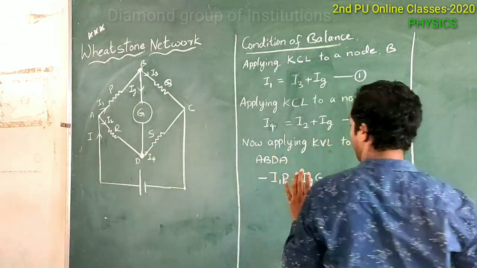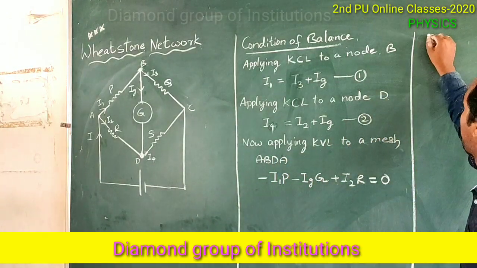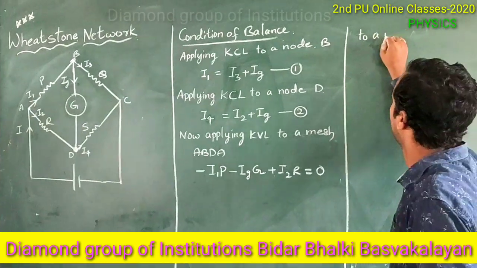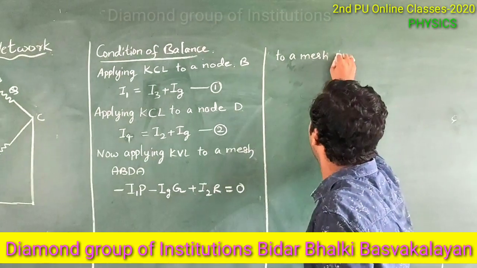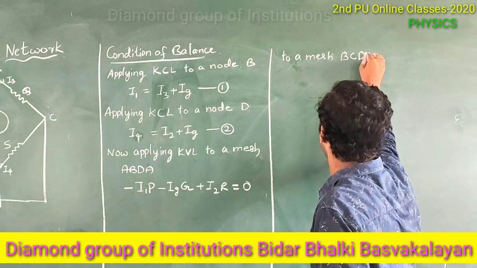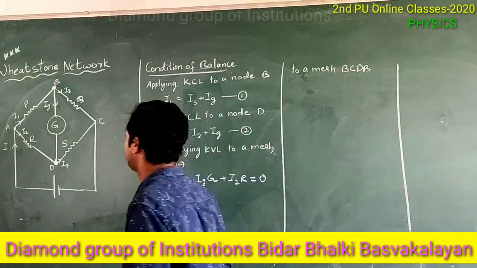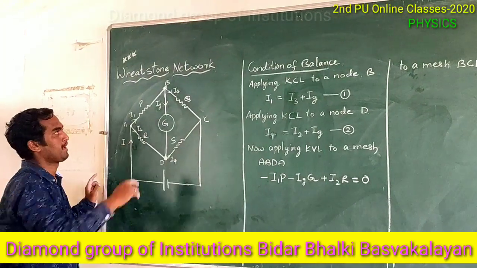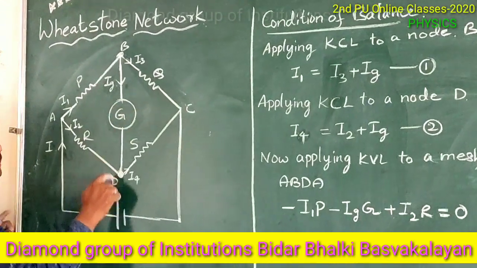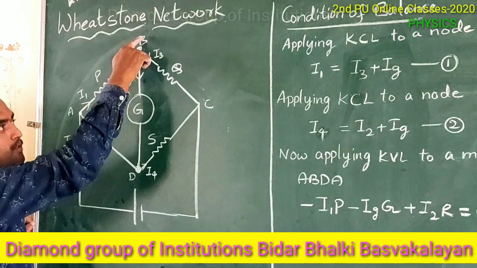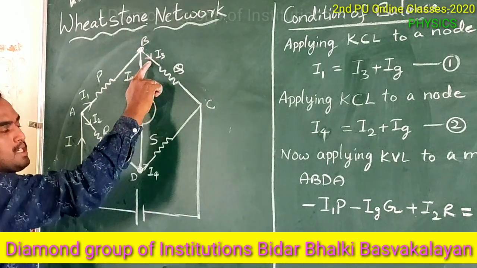Same Kirchhoff's voltage law we are again applying to a mesh B, C, D, B. So we are going from B to C. The current direction is same.